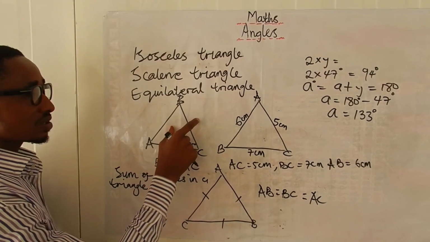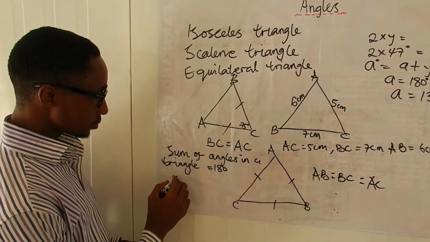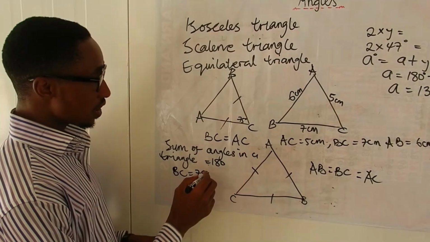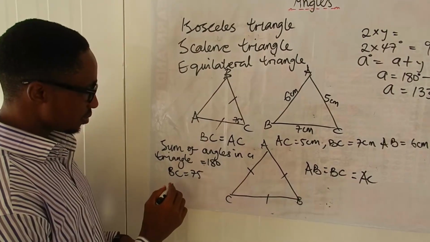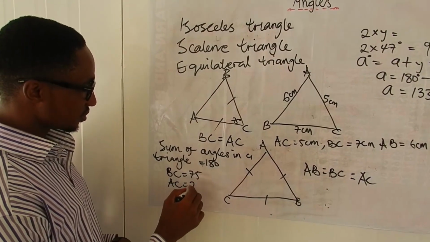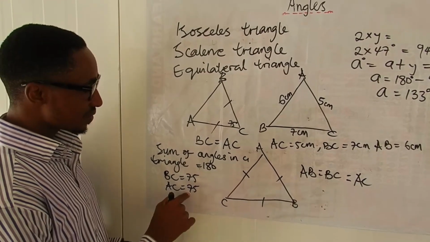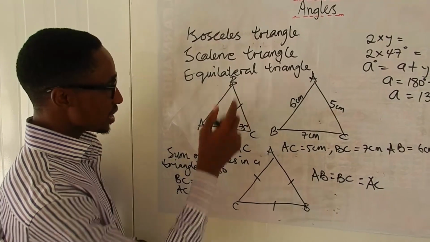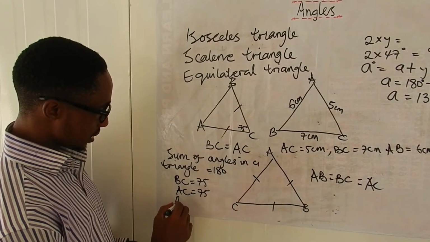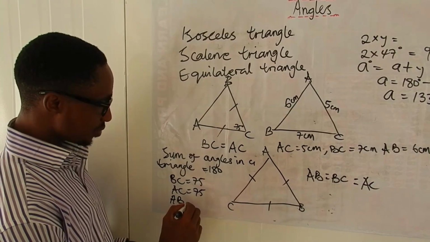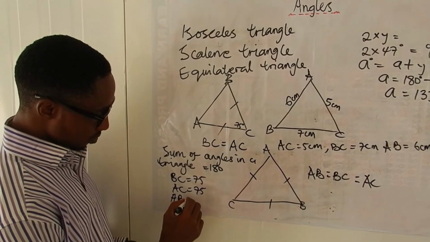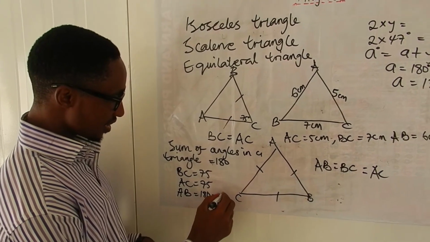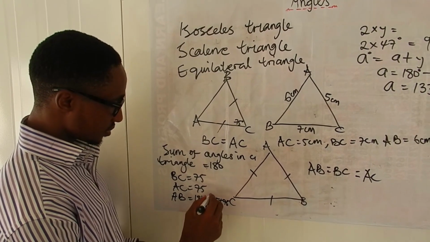Knowing that this is an isosceles triangle, it also means BC equals 75, and AC will also be 75. Okay, so we have here 75, we have here 75. So how do we solve for AB? AB equals 180 minus 75 plus 75.